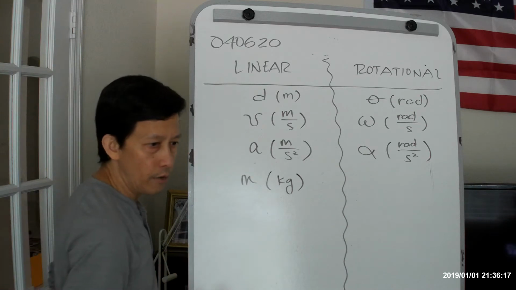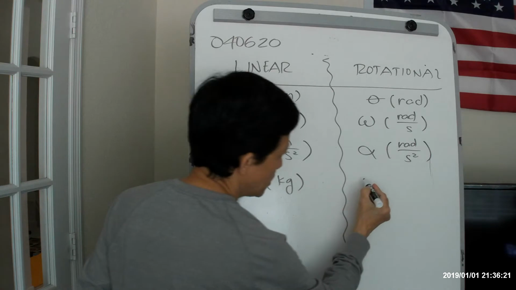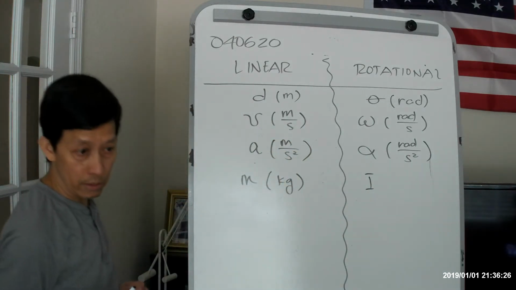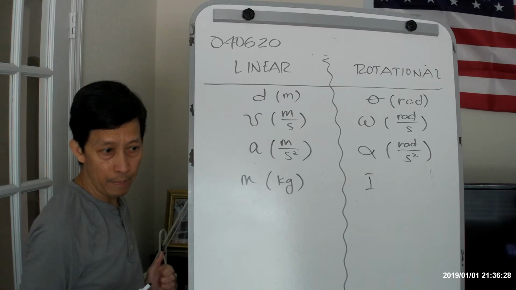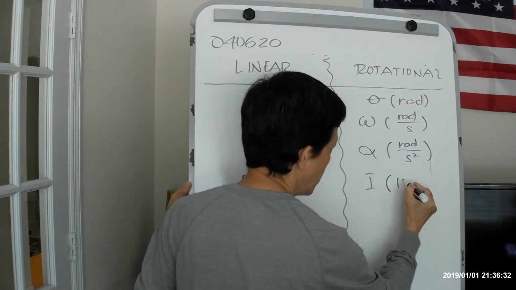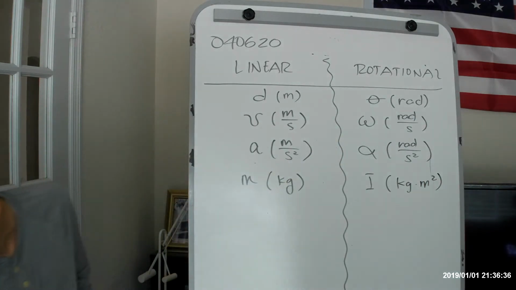Now for rotational motion, mass M turns into inertial mass, or I, capital letter I. Okay? We express this in kilogram meter squared.